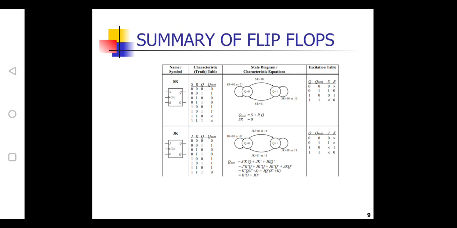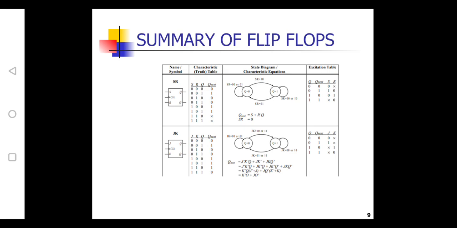Similarly, we are writing a JK flip-flop truth table. The only difference is there will be a change in the last two rows. The SR flip-flop will be getting an indeterminate state, whereas in case of a JK flip-flop we will be getting a toggling state. From this, we are drawing a state diagram of an SR flip-flop.